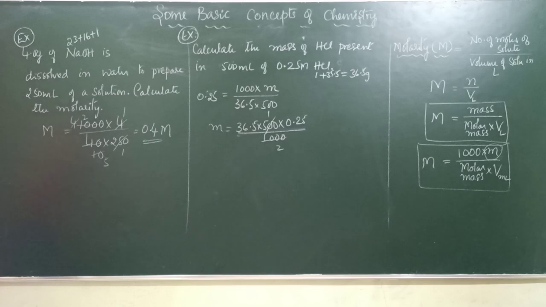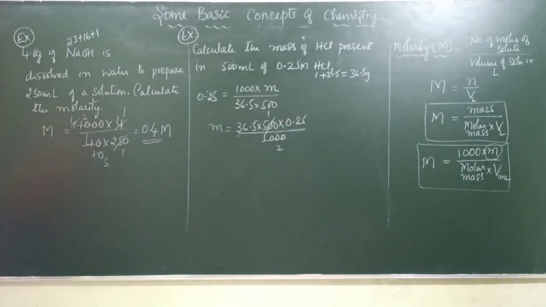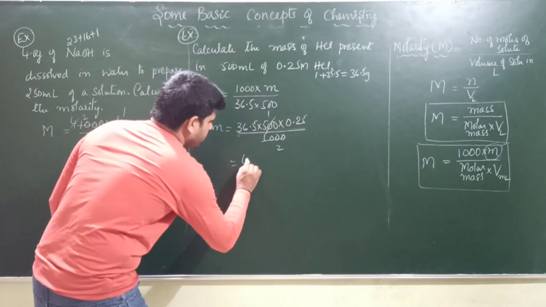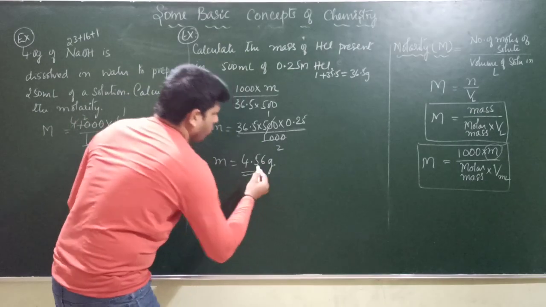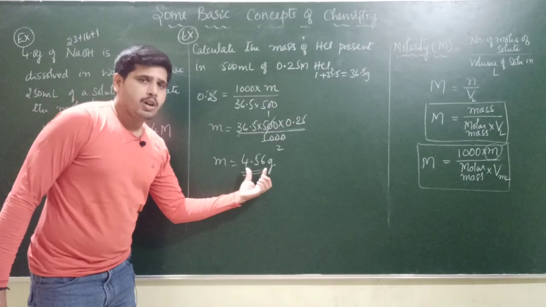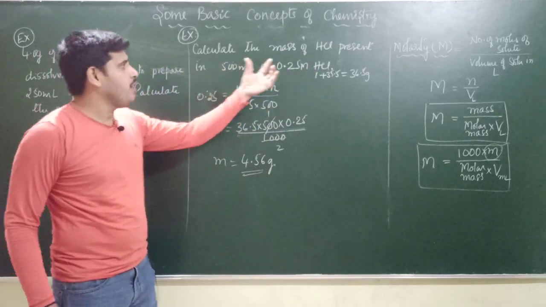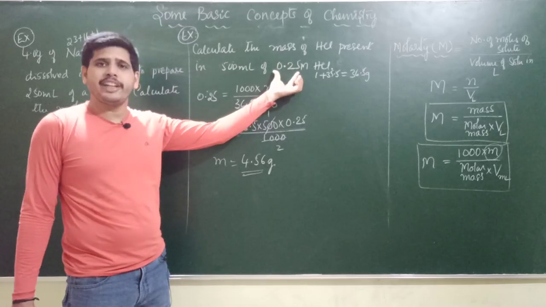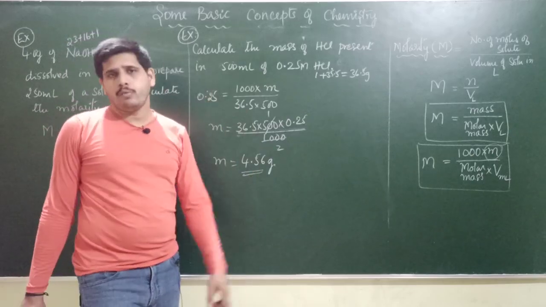So 36.5 into 0.25 divided by 2. So that is approximately 4.56 gram. What is the conclusion then? When we dissolve 4.56 gram of HCl in 500 ml of water, we will get a concentration of 0.25 molar. If you want, you can cross verify this. So this is how molarity problems are to be dealt with.